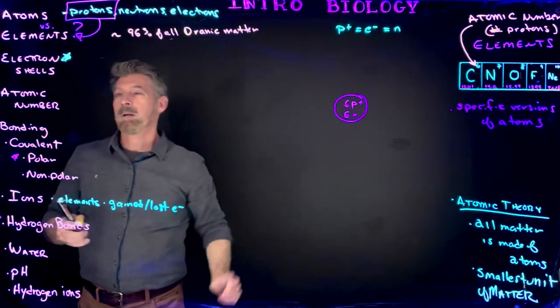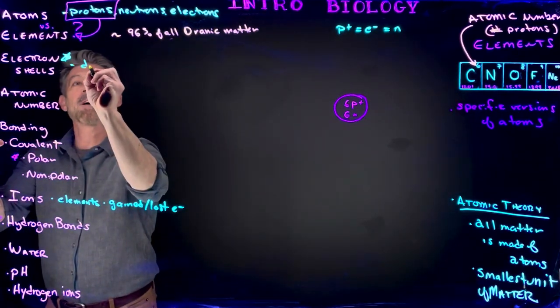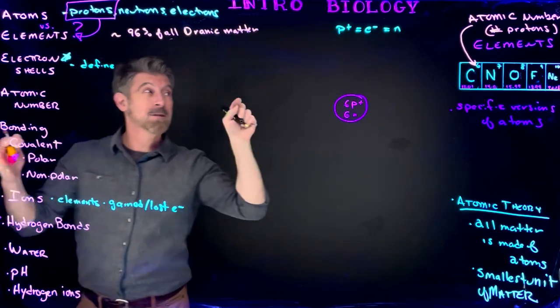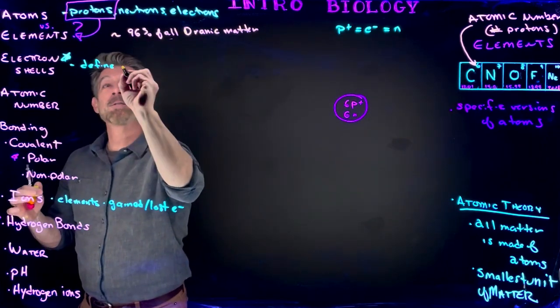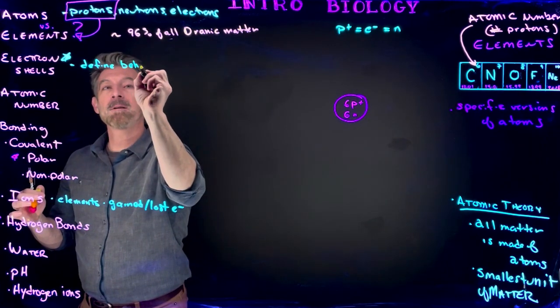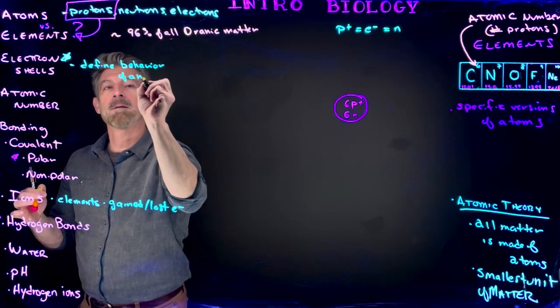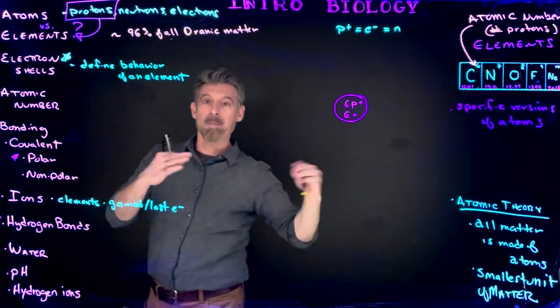Okay, so the electrons are going to define, the protons define who an element is. The electrons are going to define the behavior of an element, or of an atom of that element.